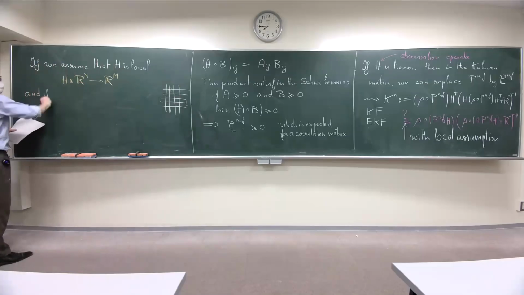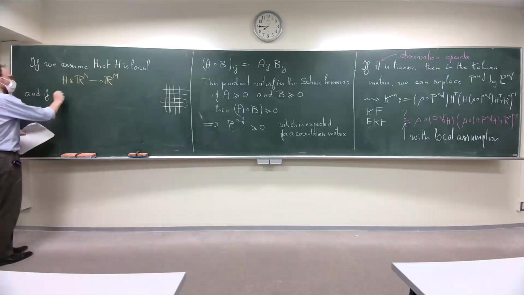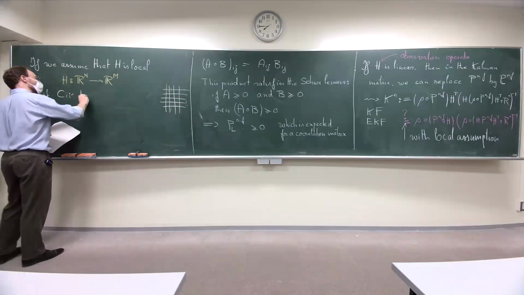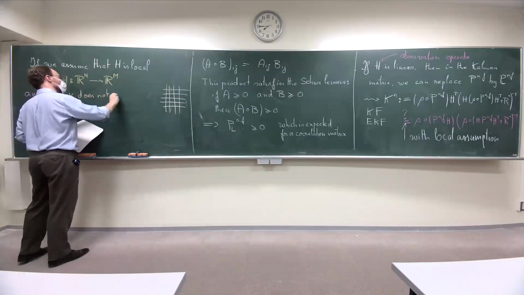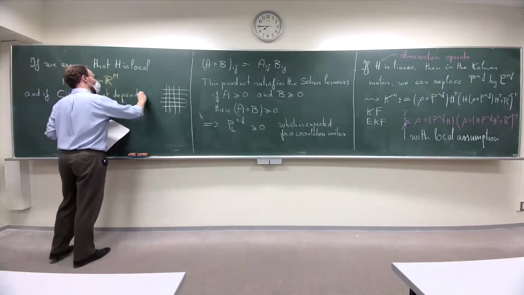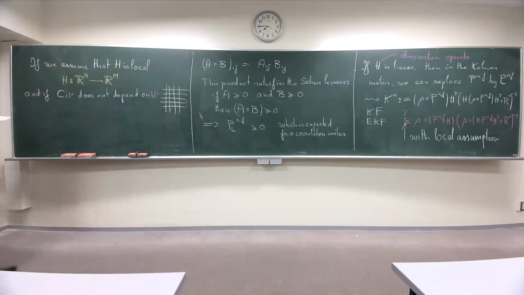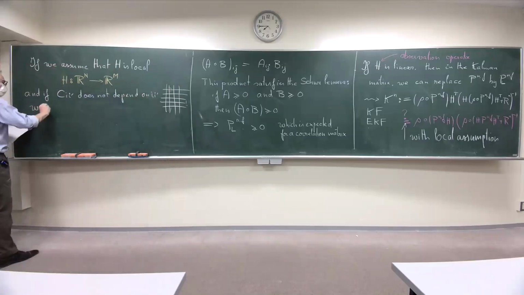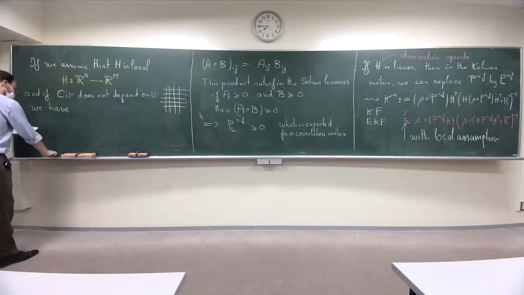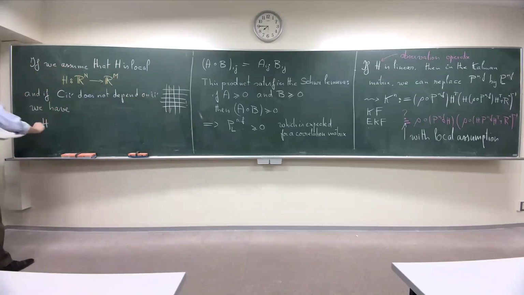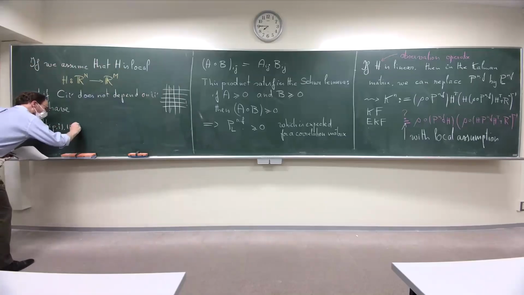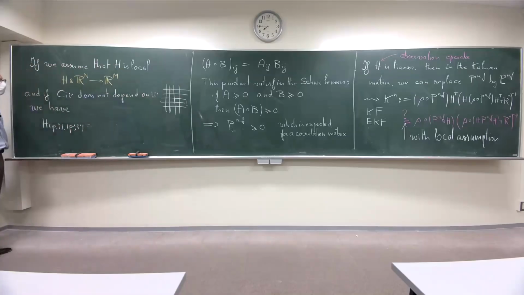If C_{i i'} does not depend on i, on i', so if it only depends on this distance, we have the following. H is a big matrix. So I look at its entry (p,i), (p',i').